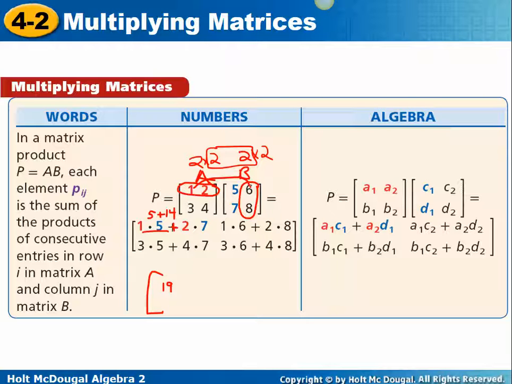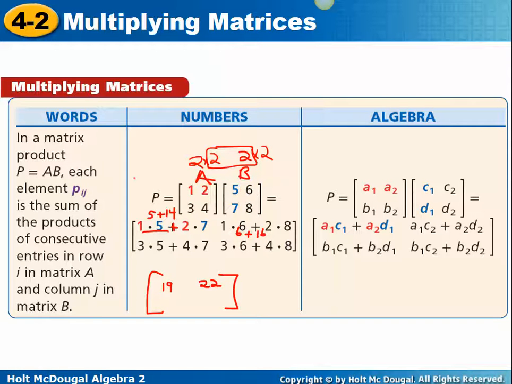Again we go 1 times 6 and 2 times 8. This gets easier with practice. 1 times 6 is 6. 2 times 8 is 16. So our second entry would be 22. And then we are done with the first row.